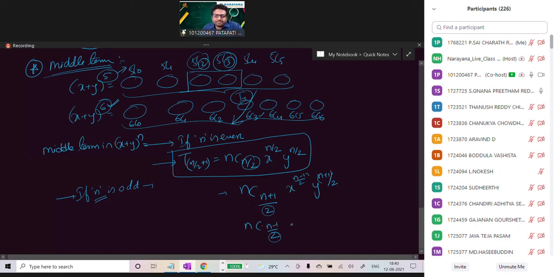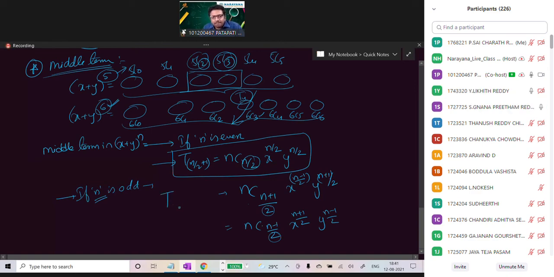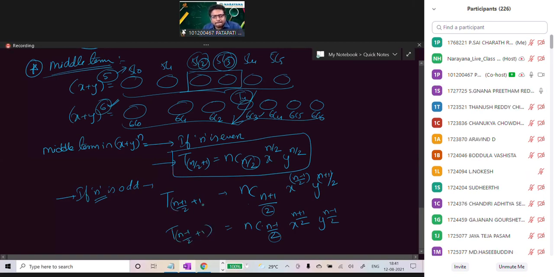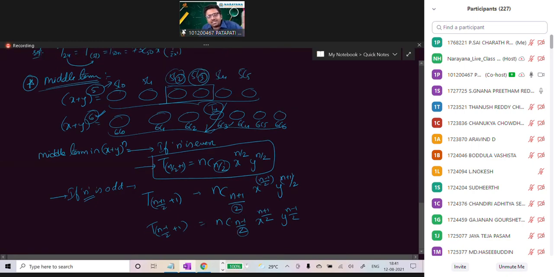You see? Here y will have power (n minus 1) by 2, and x will have power (n plus 1) by 2. This is T((n plus 1) by 2 plus 1) and T((n minus 1) by 2 plus 1). Is it okay? That's it. This is the theory of middle term.